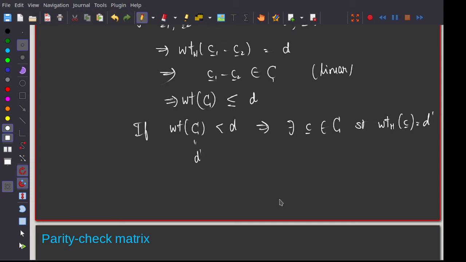Correct. So now can you produce two code words of the linear code for which the Hamming distance is d prime? Which two code words?